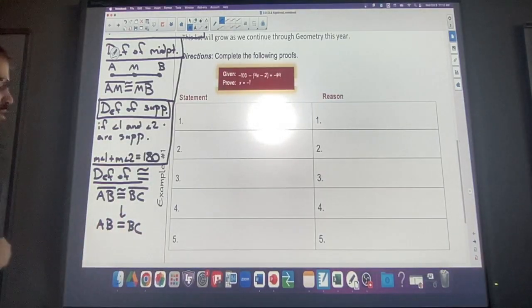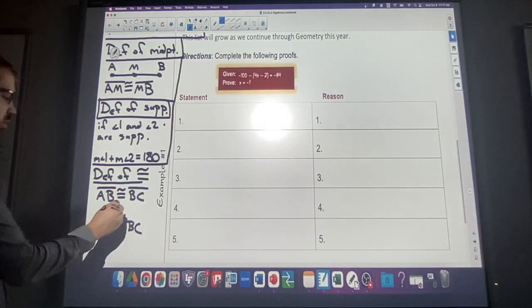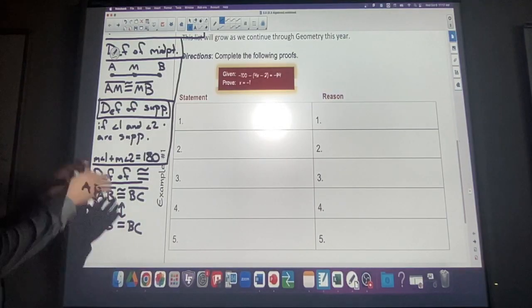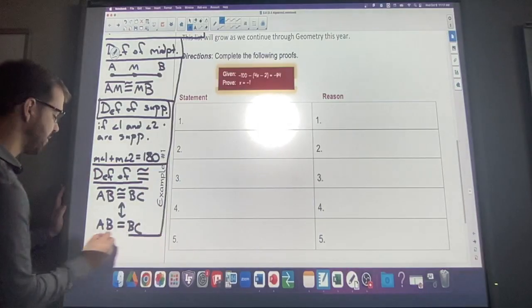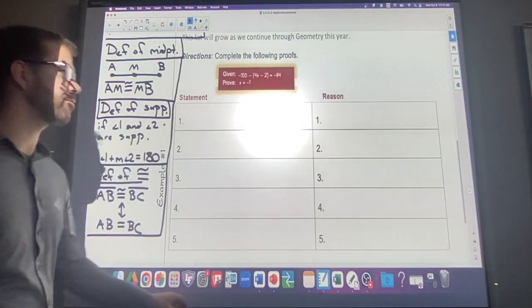And here's the key thing: I can go both directions. I can go from congruent to equals, and I can go from equals to congruent. So anytime your answer isn't looking exactly like what you're trying to prove, you're going to do definition of congruence, often as a final step to finish it off.